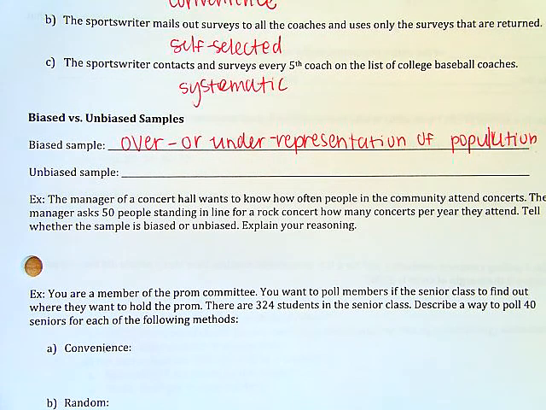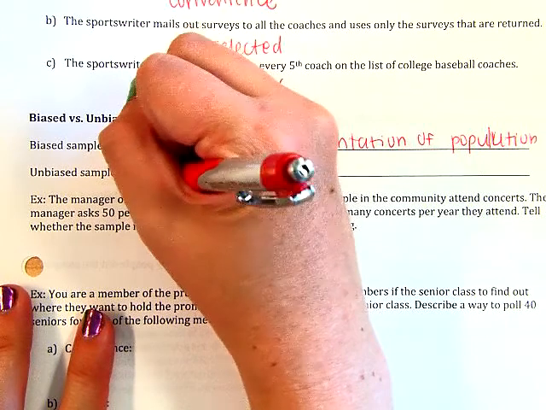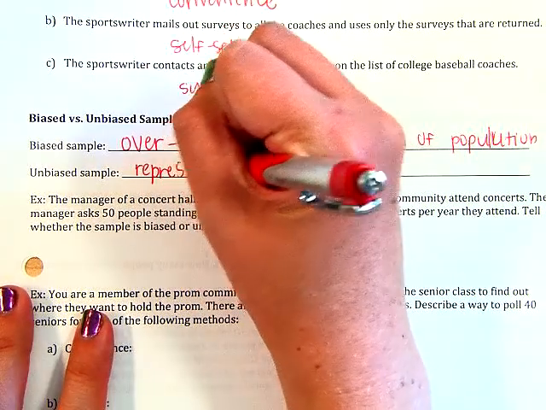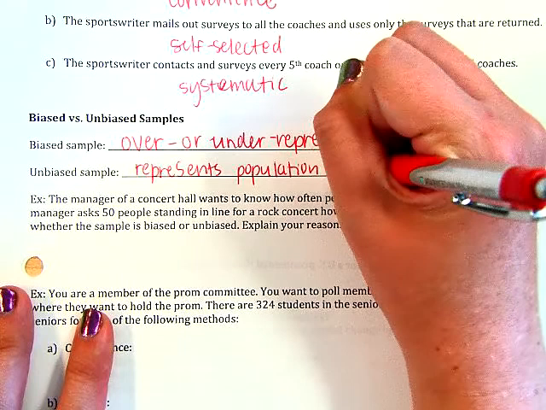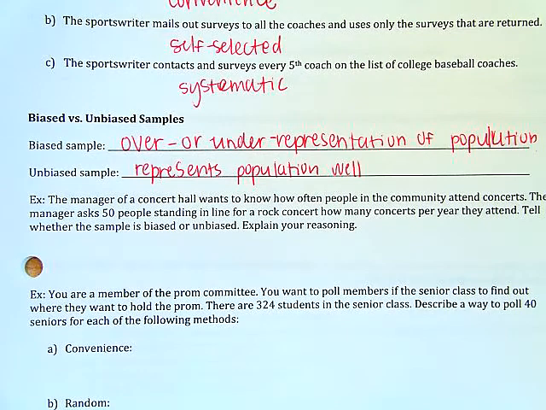It's not a good job of representing the population. Unbiased represents population well. So you're getting a true scope of all the people that you're going to be asking questions about.